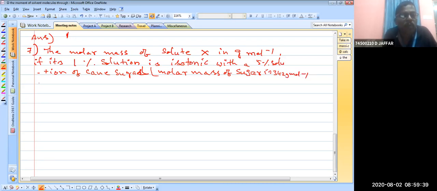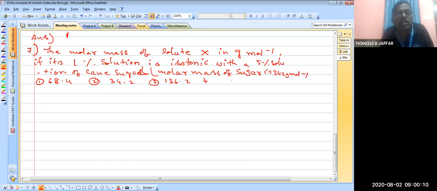Here option one is 68.4, option 2 is 34.2, option 3 is 136.2, and the fourth option is 171.2, right?